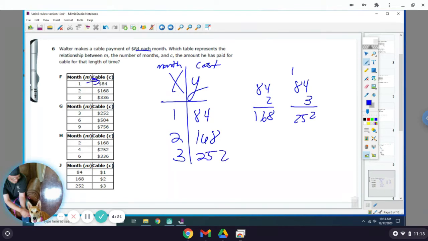So 1's 84, 2's 168, 3's 336. Oops, nope, that's too much. 3 is 252. Okay, that's good. I haven't gone to 6 or 9. Let's see if I can disprove the other ones. 2 is 168. Then it went to 4 months. No, that's not possible. Okay, and then I think they got these numbers switched around, so that's not right. So G is correct.